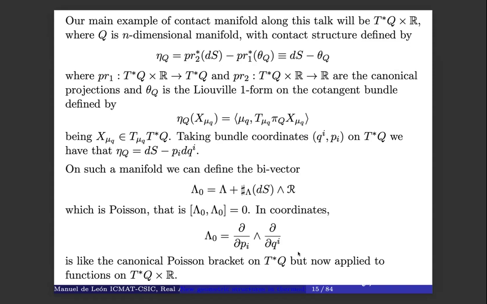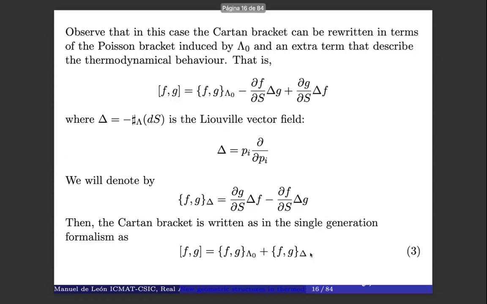So we are in a contact manifold, but we have a Poisson tensor, which is the canonical Poisson tensor on T*Q, considered in R times T*Q. So we have the Cartan bracket.